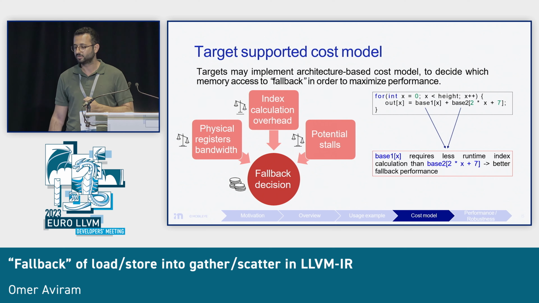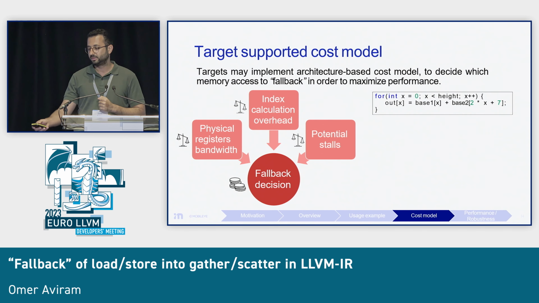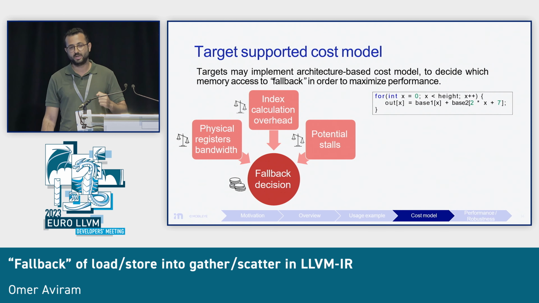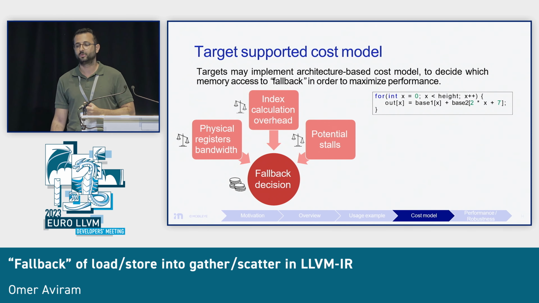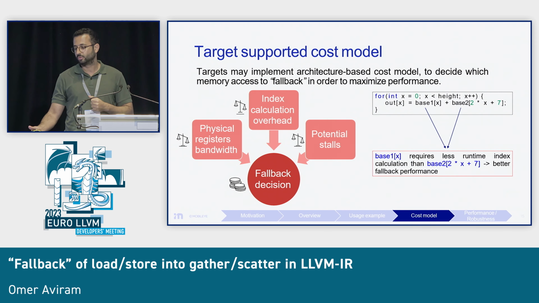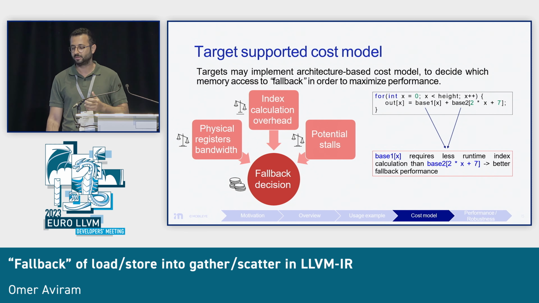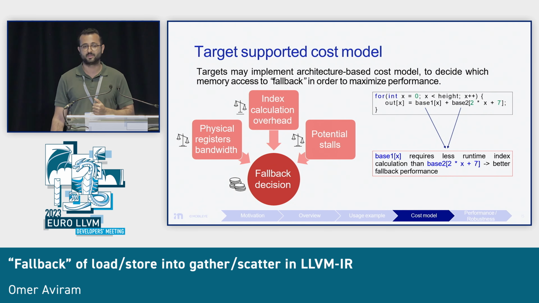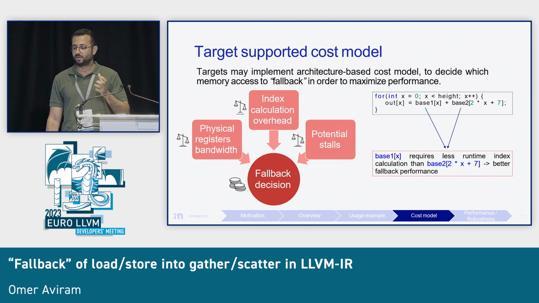So if we take a look at our previous example, we see we have 2 loads, the one from base 1 and the one from base 2. So which one would we prefer to convert to gather? In this case, we would prefer to lower base 1 into a gather because it requires less indices calculation.